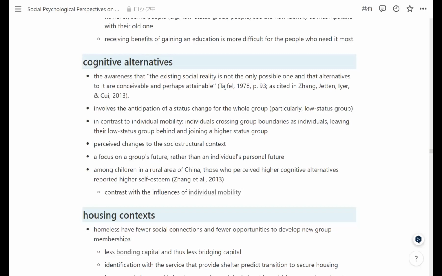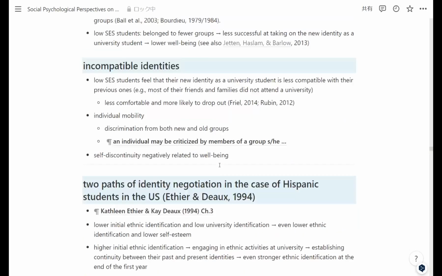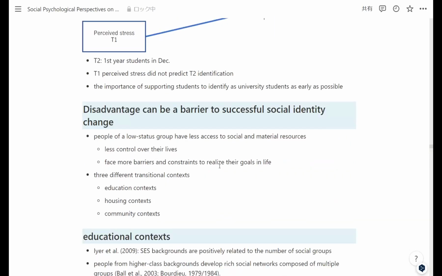So in today's lecture, in the last lecture, I talked about how disadvantaged people may have a barrier to successful social identity change. So in life transitions, low status group people tend to have barriers to develop new social identity.